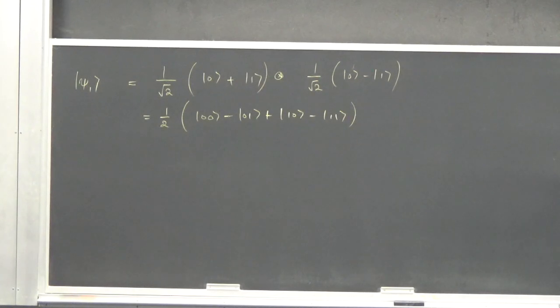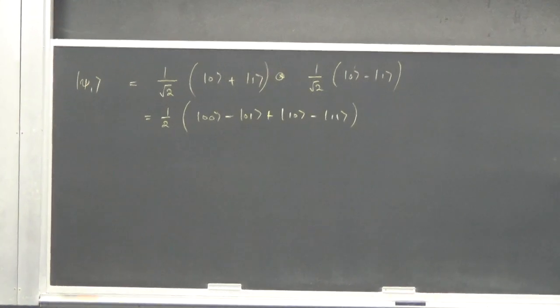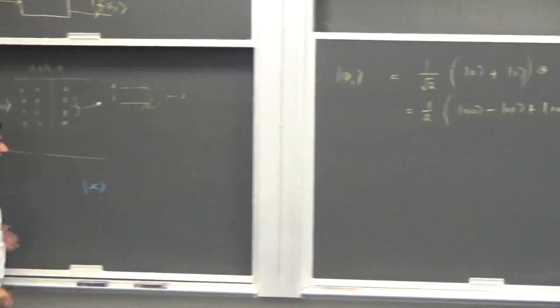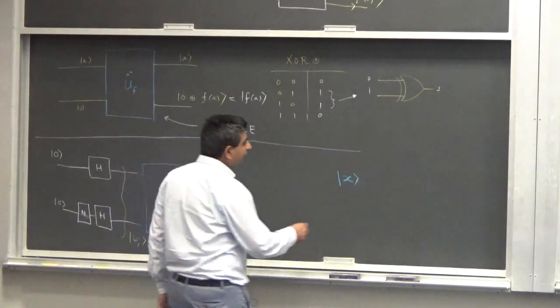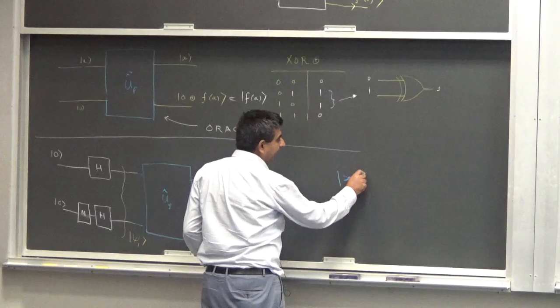What this oracle does is that it keeps the first qubit as it is. So let me describe what the oracle does. My first qubit is in a state x. X could be 0 or 1. The second qubit is in some state q.